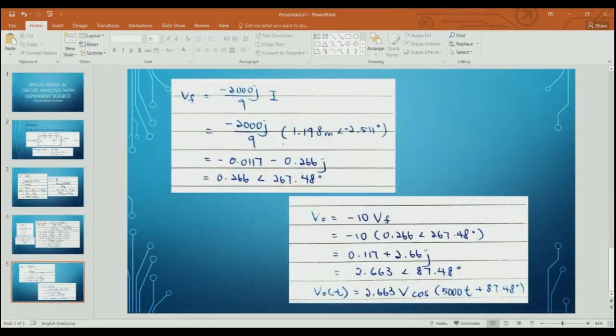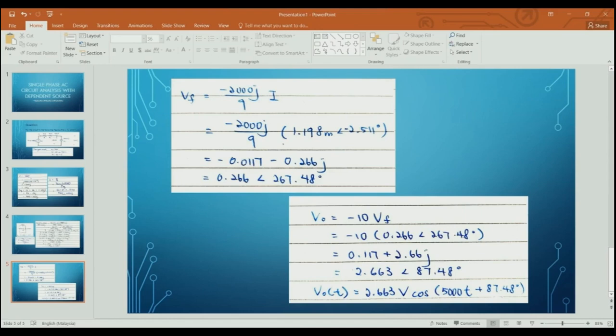Since we have the value of current, we can find the value of Vf. So negative 2kj divided by 9 multiplied by 1.198 amps with negative 2.511 degrees. We get the answer 0.266 with 267.48 degrees. So V0 is equal to negative 10 Vf.